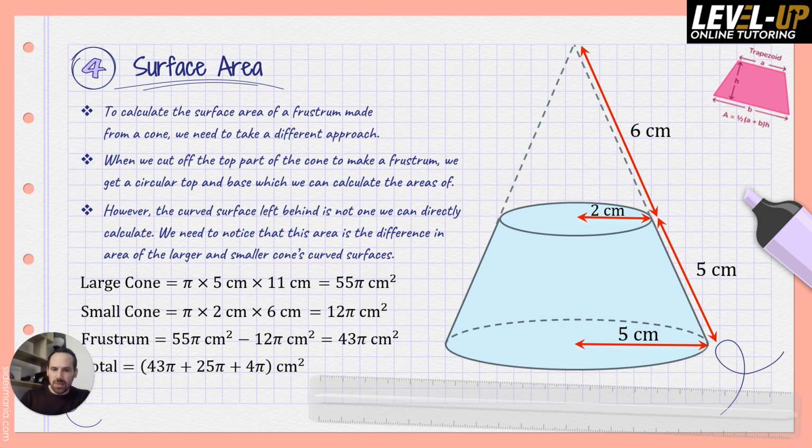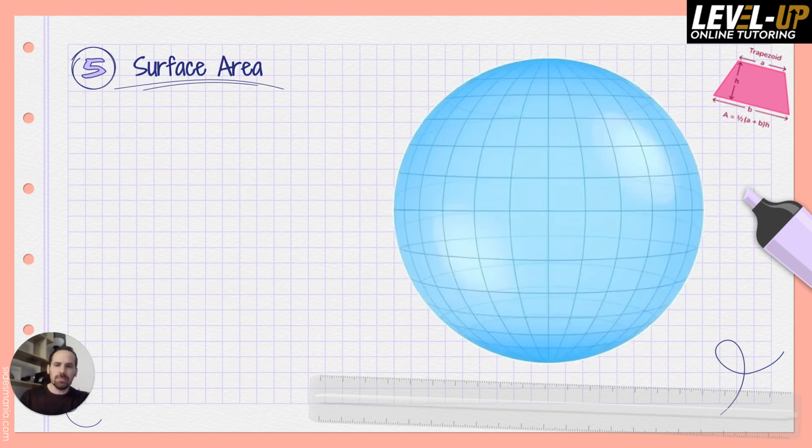We can work those out quite simply: the base is pi times 5 squared, which is 25 pi, and the top is pi times 2 squared, which is 4 pi. So now we've got 43 pi plus 25 pi plus 4 pi, which gets 72 pi. If we wanted a specific numerical amount, we could plug that into our calculator. But we've managed to keep the exact value by keeping it in terms of pi. So it's good to be familiar with doing that because you will be asked things like that.